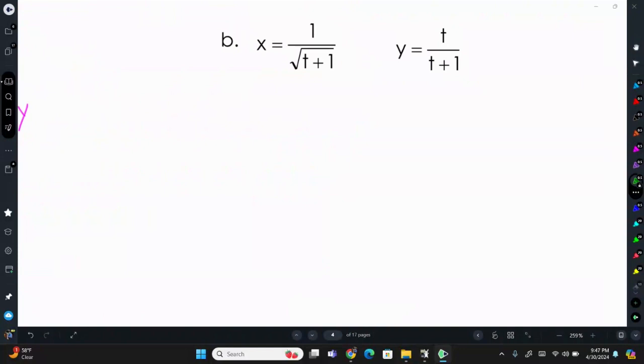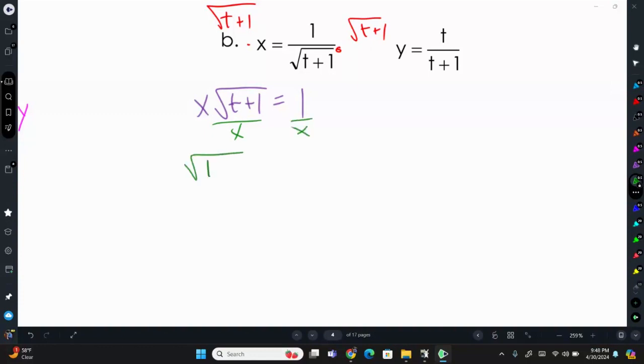So if we look at the x equation and multiply both sides by the square root of t plus 1, that will give us x times the square root of t plus 1 equals 1. Now we have to get t by itself, so we can divide both sides by x.